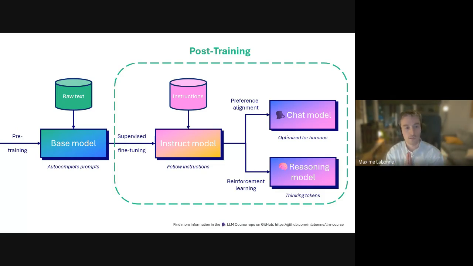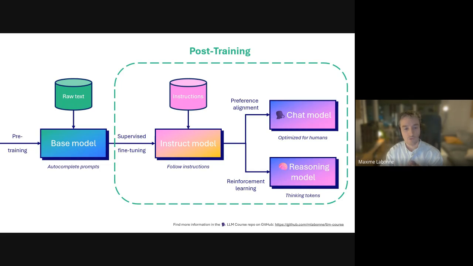To do that, we need a dataset of instructions and answers to train the model on. Then we have two different techniques. Preference alignment is more to make a chat model that is optimized for humans. Here you provide examples of chosen answers and rejected answers to guide the model and steer it in a way where it's going to be a bit better for humans.